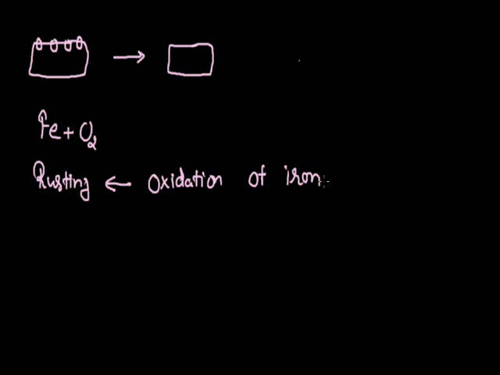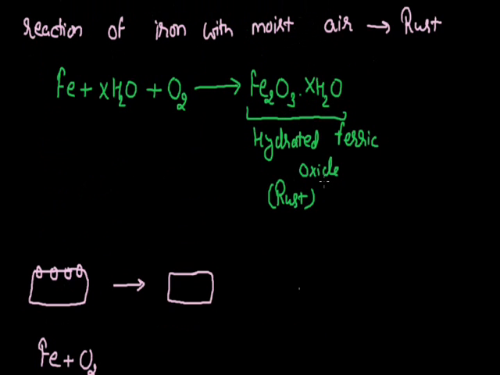Now, if it is asked to prove that both oxygen and water vapor are required for rusting, and that in the absence of any one factor the process of rusting cannot take place, then in order to prove this we will perform an experiment. To perform this experiment I am going to take three test tubes of similar size. This one is the third test tube.